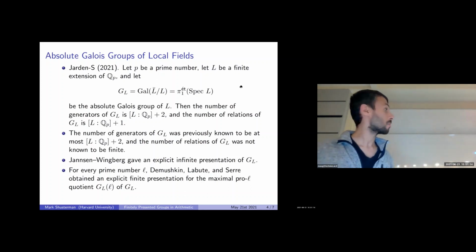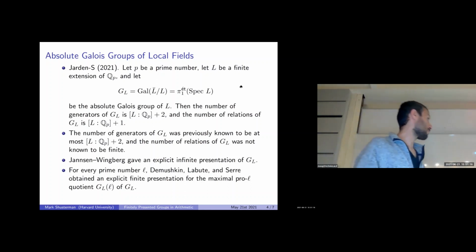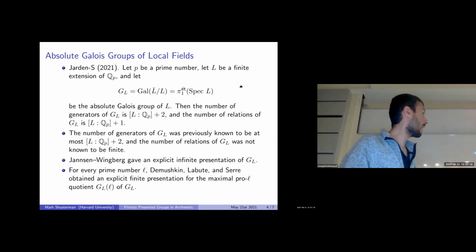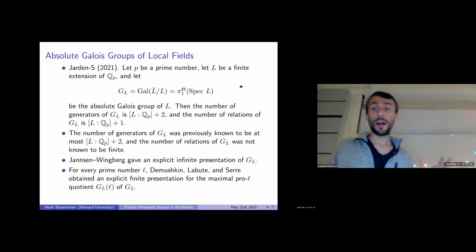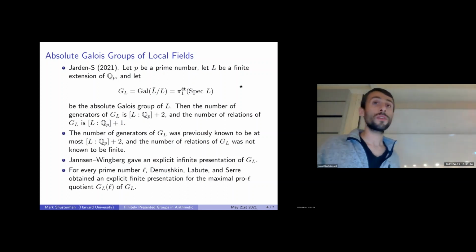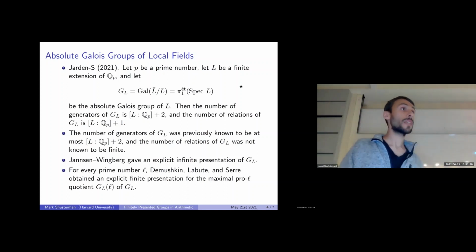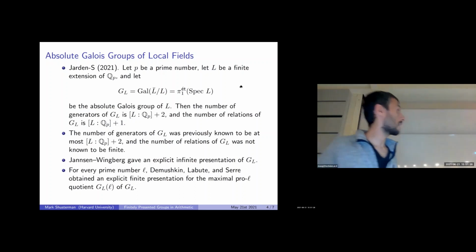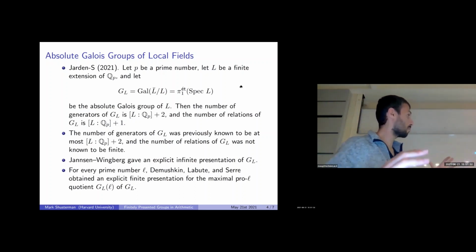So this is the maximal pro-l quotient for any prime number l. And they were able to show that these pieces are finitely presented and give some very explicit presentations for these. But again, it wasn't so clear how to take their results and get a presentation for the entire group from these partial informations.